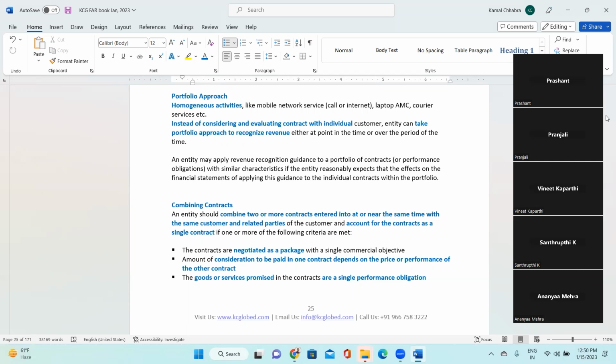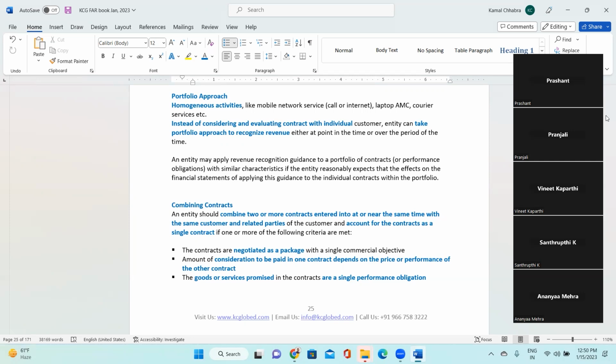They all provide similar kinds of services. So for them, rather than evaluating each individual contract, it's better to evaluate one standard contract and make a principle of accounting of all those portfolio contracts.